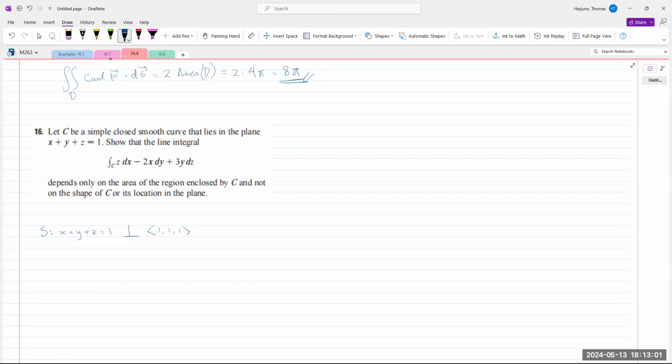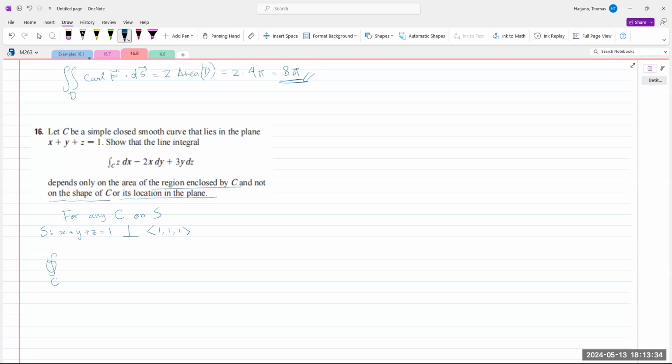Now show that the integral over closed curve C depends only on the region enclosed by C, not on the shape of C or on the location of C. So for any C on that surface S.